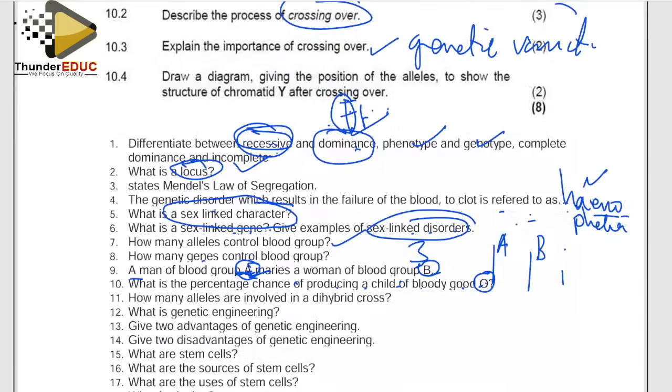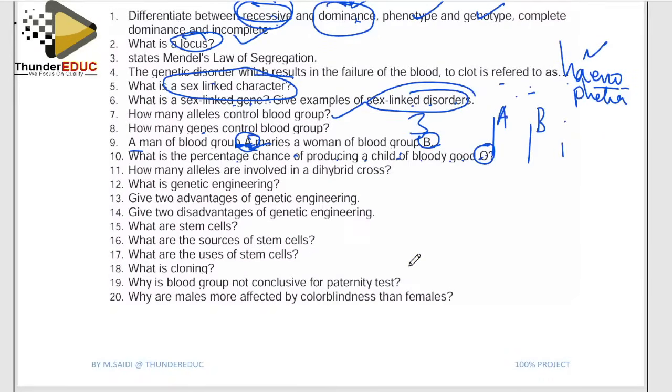So we go to the next question. What is the next question? How many alleles are involved in the dihybrid cross? How many alleles?